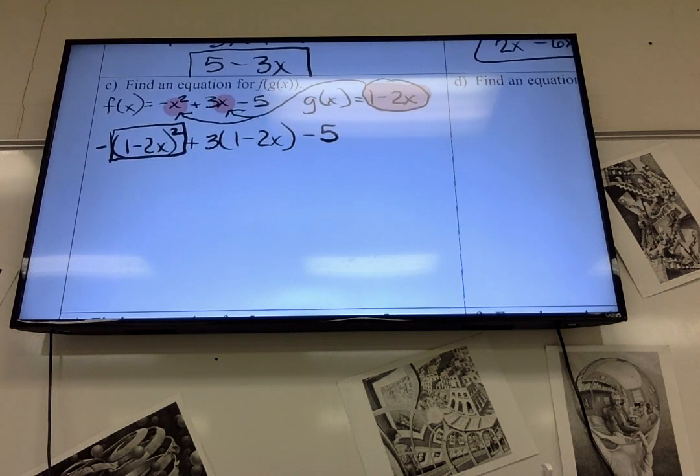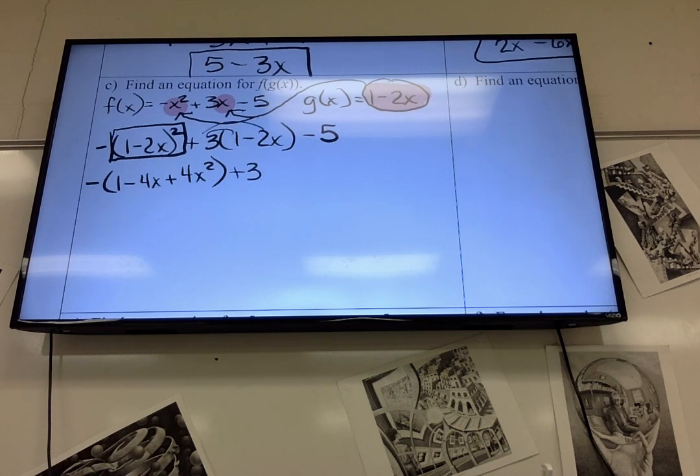All right. Let's go back to here. So it's minus. That's 1 minus 4x plus 4x squared. So all I did was square 1 minus 2x. And that's what I did on the other page just a minute ago. And distribute the 3.